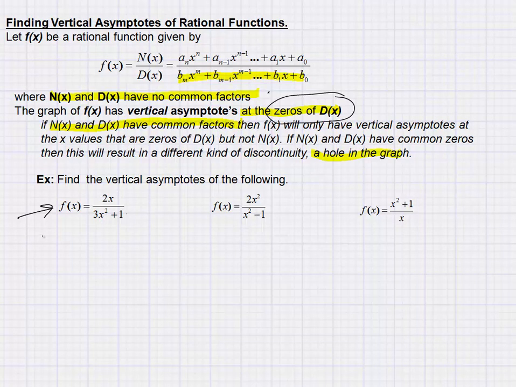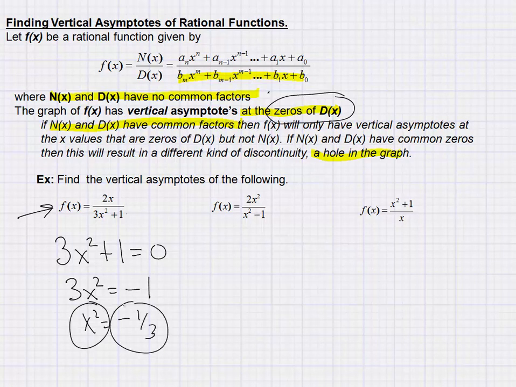So all I have to do to find the vertical asymptote is to figure out where this denominator equals 0. Well, actually it's never equal to 0, because if I try to solve this equation, I get 3x squared equals negative 1, x squared equals negative 1/3, and right now I have a square equals a negative number.